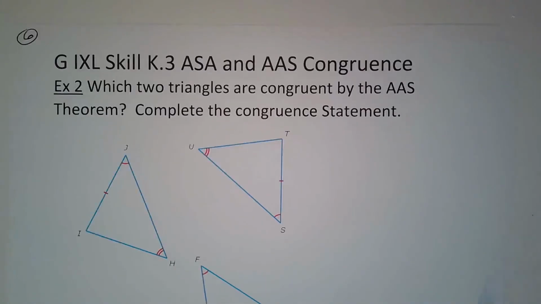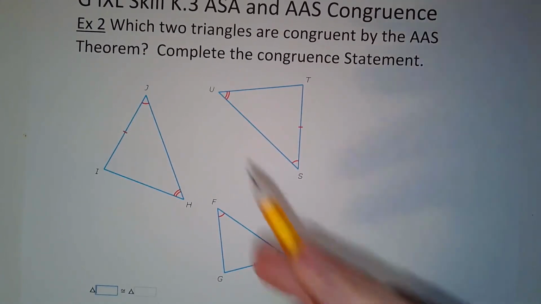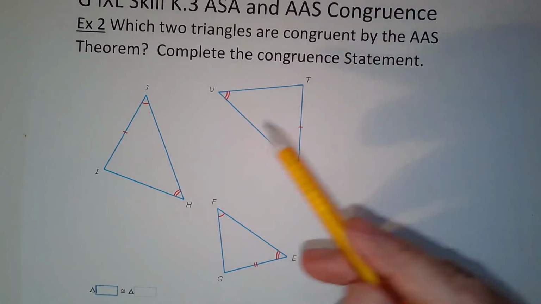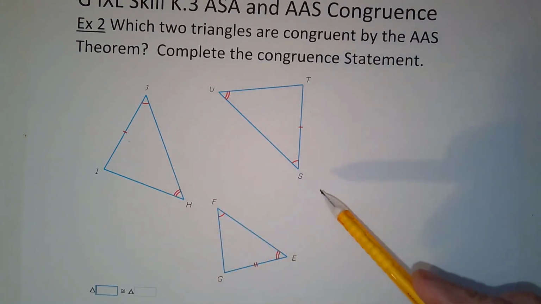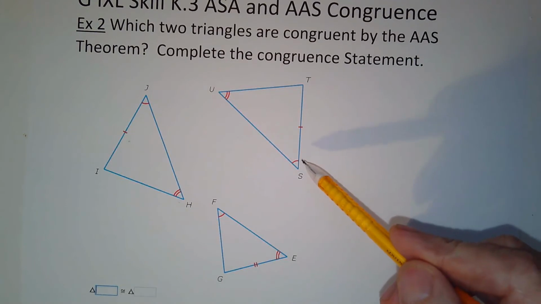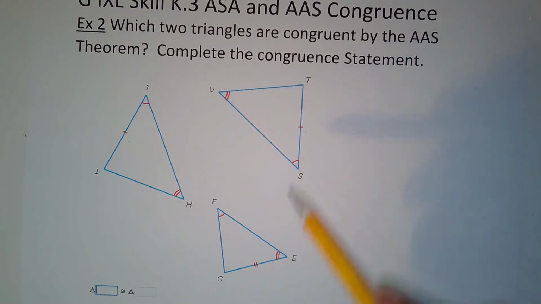that are on the screen that I've got here, you'll notice we have an angle here, we have an angle here and a side. We have an angle here and an angle here and a side. And we have an angle here, an angle here, and a side.